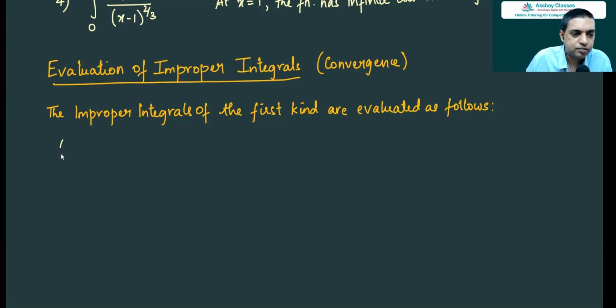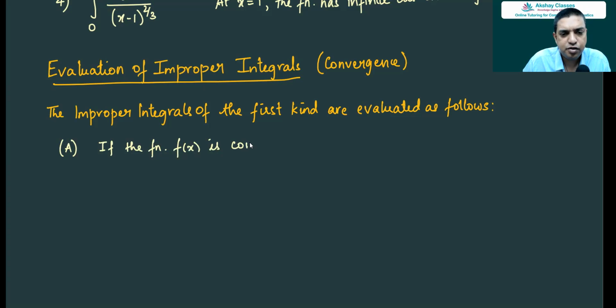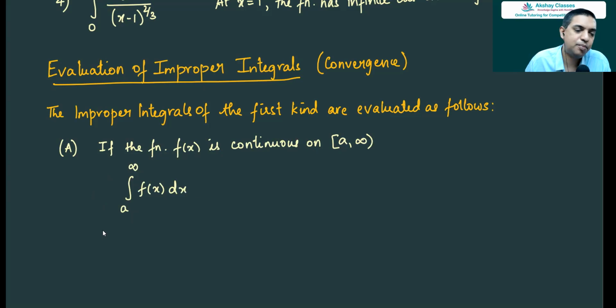So, if the function f of x is continuous on the closed interval a to infinity, so integral a to infinity f of x dx, this is an improper integral.